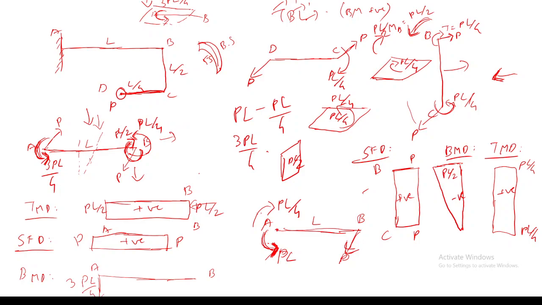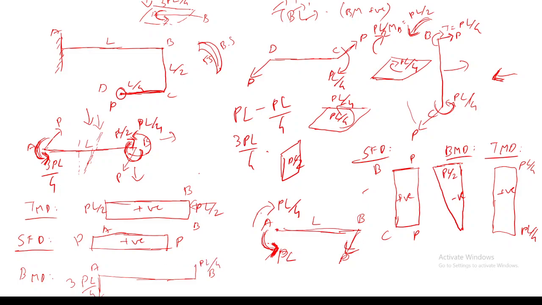I am taking the same section like this and viewing it from the top, and this PL by 4 forms a moment in which direction on the right side, anti-clockwise or clockwise? Anti-clockwise. So it will be positive or negative? Positive, whose magnitude will be equal to PL by 4.